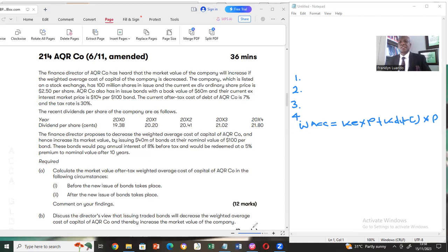That is how WACC is calculated using this method. Ke is the cost of equity, P is the proportional weighting, and then Kd is the cost of debt. 1 minus T, T is the tax component, multiplied by P, which is the proportion.